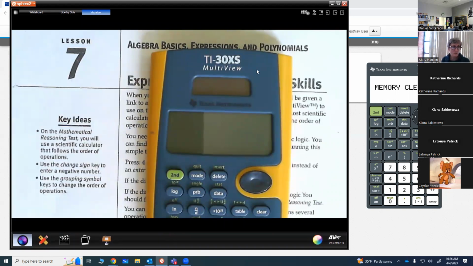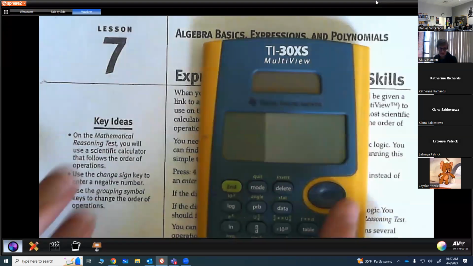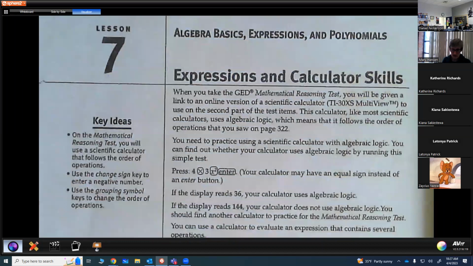If you're online and you don't have this calculator, follow that link and get this calculator, so you can have the calculator just like everyone else is using. Today is about calculator skills, and that's why I'd like everybody to have access to the calculator that you're going to be using. Any questions about navigating to that calculator and getting it open before I move on?